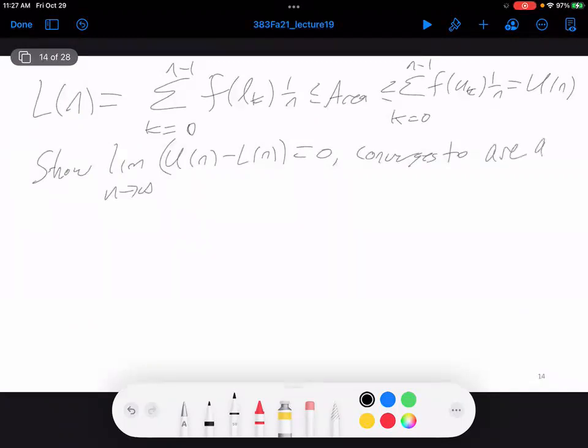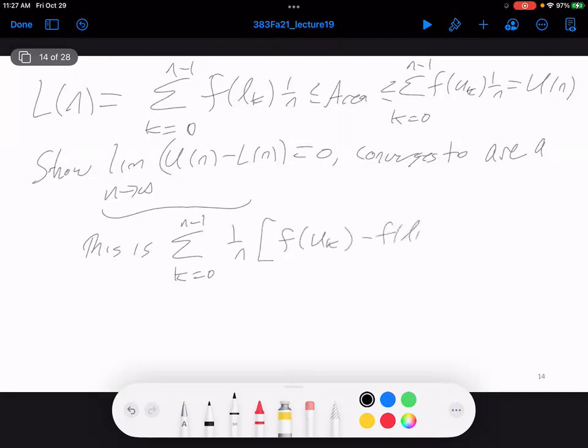So we know this is just the sum, k goes from 0 to n minus 1, 1 over n of f of u_k minus f of l_k.